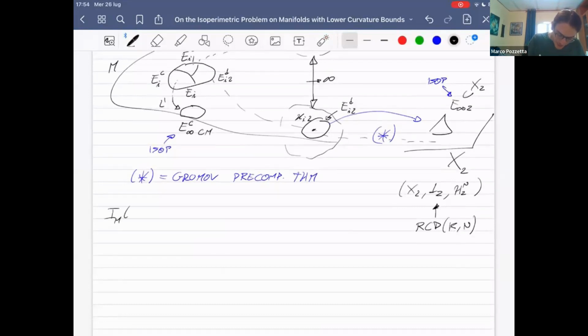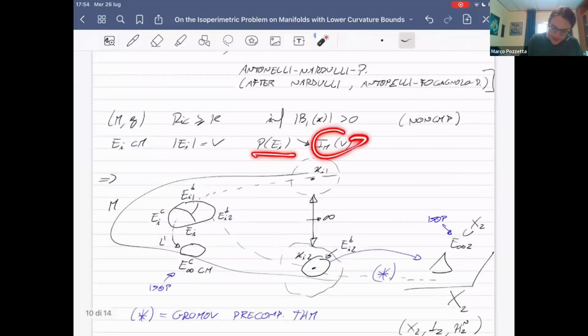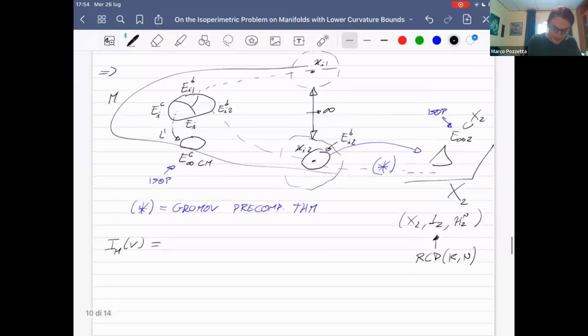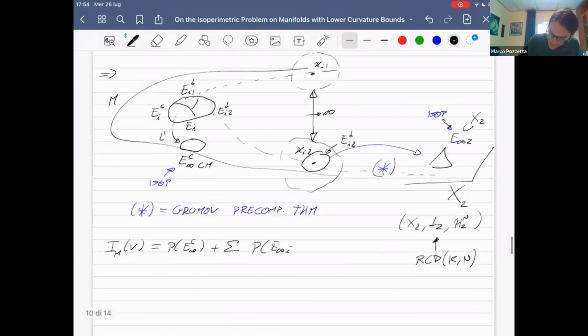And now the final identity is this one, and I conclude. Remember, the isoperimetric profile of the manifold at the volume V was the limit of the perimeters. Well, the limit of the perimeters, this is part of the theorem, is actually the sum of the perimeters of all the limit pieces you obtained. So this is the perimeter of E_C infinity plus this finite sum of the perimeters of E infinity i of these pieces that were diverging.